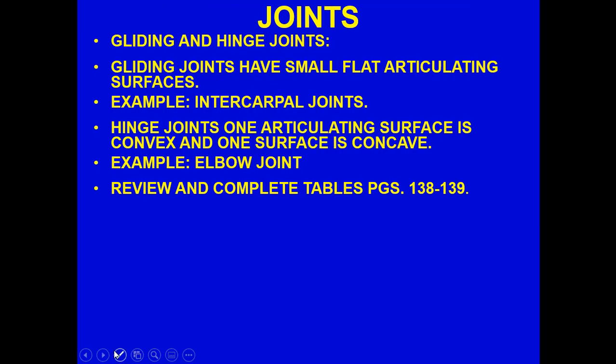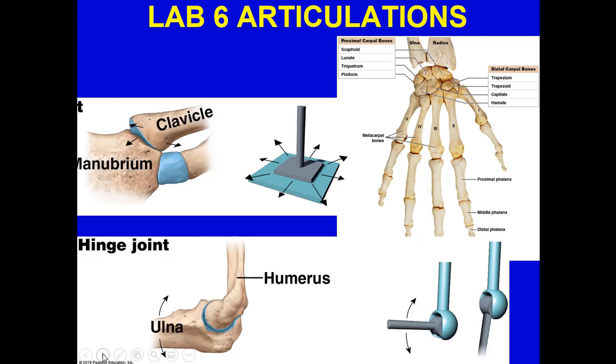Gliding and hinge joints. These have small, flat articulating surfaces. For example, the intercarpal joints. Hinge joints have one articulating surface that is convex while the other one is concave. An example of this is the elbow joint, and I expect you to review and complete the tables 138, 139. As you can see here we have some of these joints that you're going to start seeing.